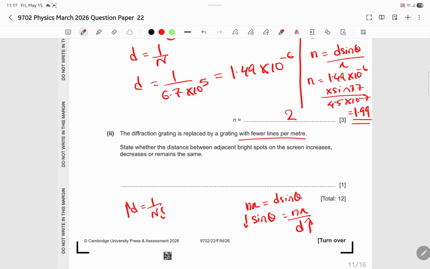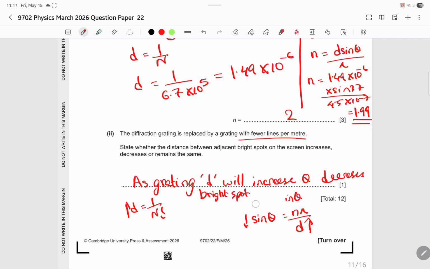Hence, as the grating spacing d increases, theta will decrease, and if theta decreases, the adjacent bright spot distance will also decrease.